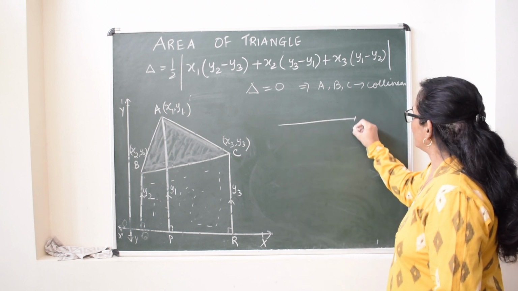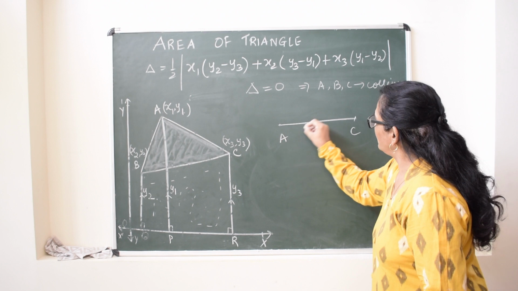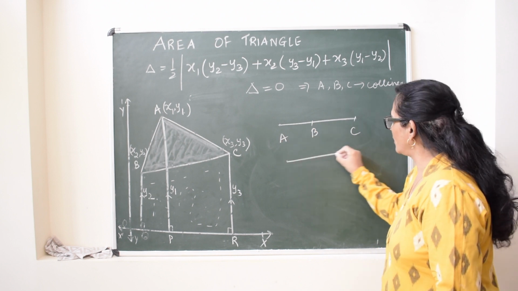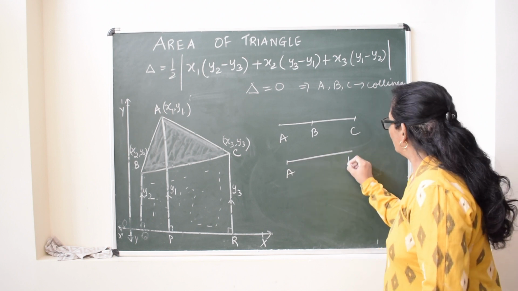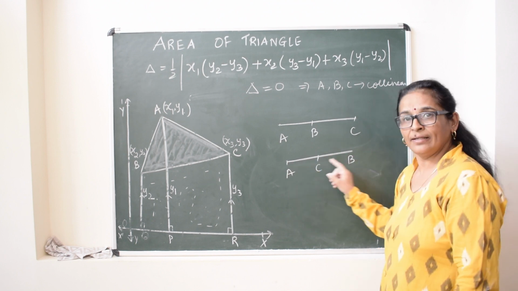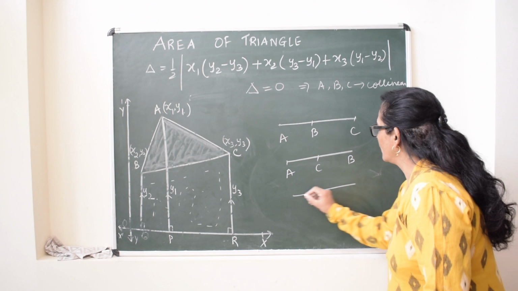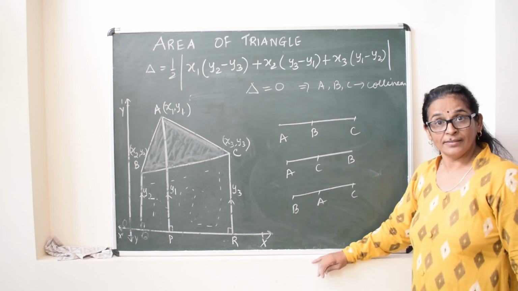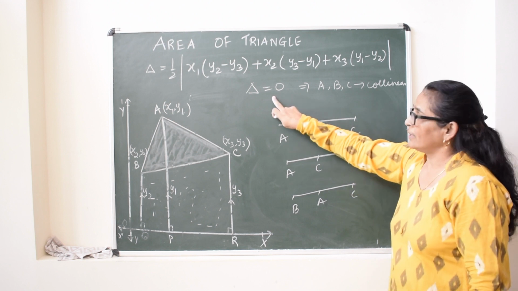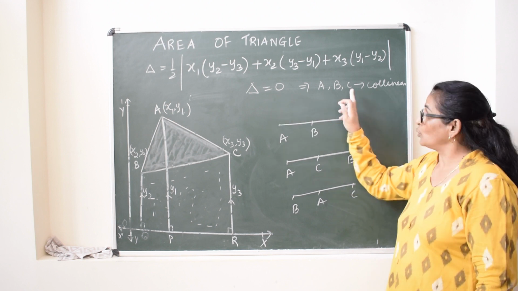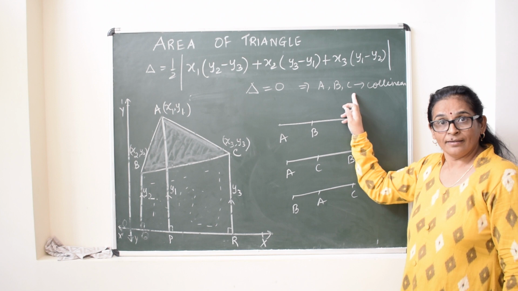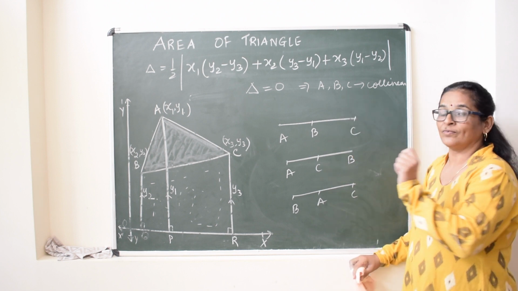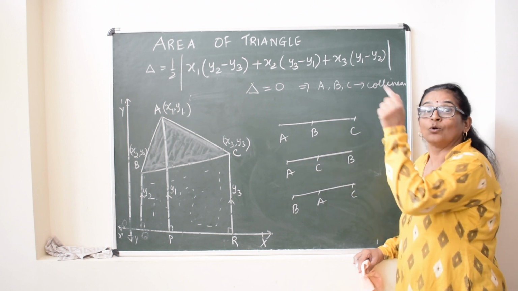There are three possibilities. The possibilities are, this point B can be on AC, or point C can come between A and B, or point A can come between B and C. We can check it by the area of the triangle as 0 to prove that the points are collinear, or we can also apply the distance formula to prove that the points are collinear.